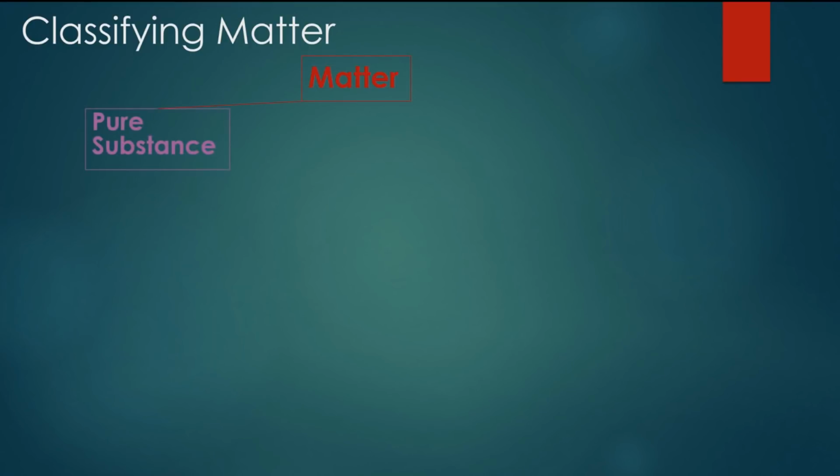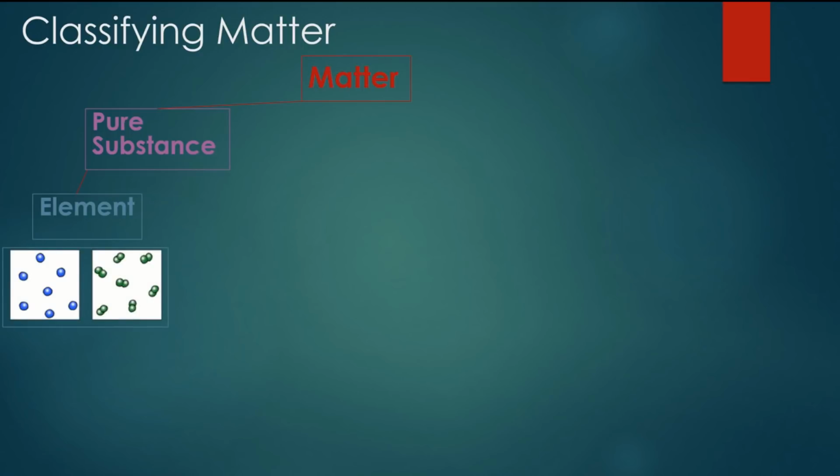So matter can be broken down into either pure substances, which can further be broken down into elements. Here we have a simple monatomic element, so think of helium or neon or potentially even an element like carbon or gold. These atoms can be found individually.